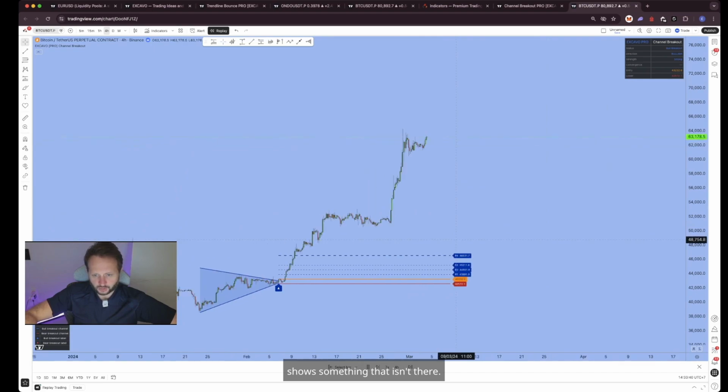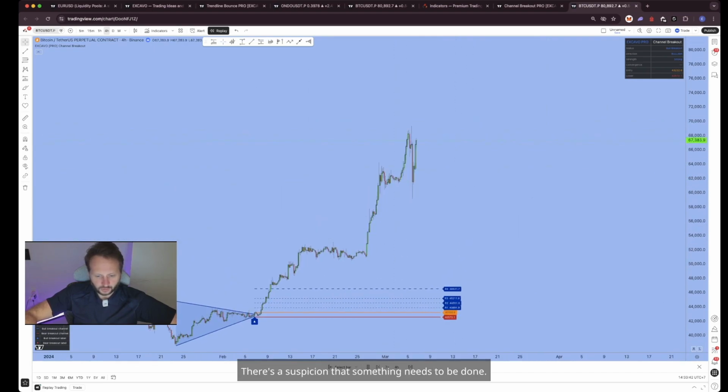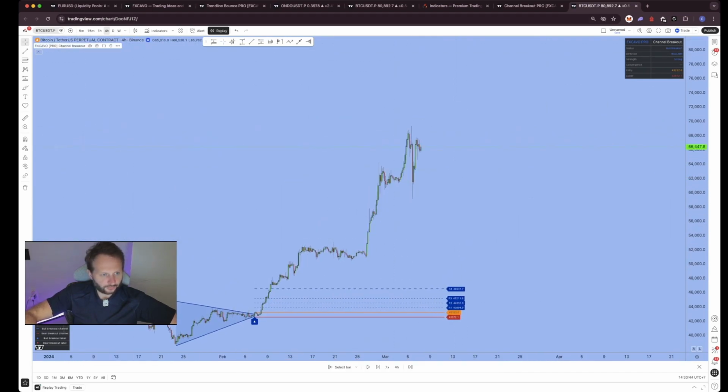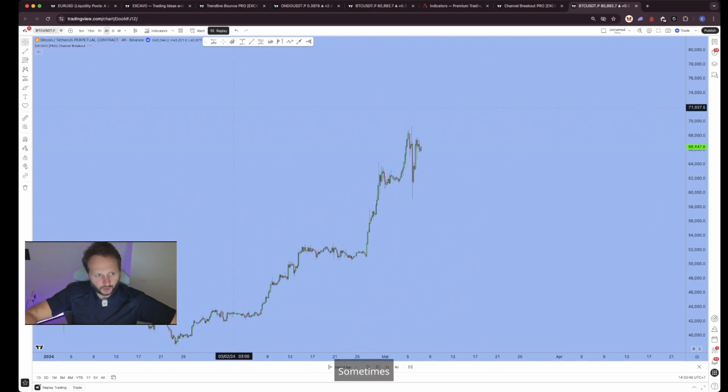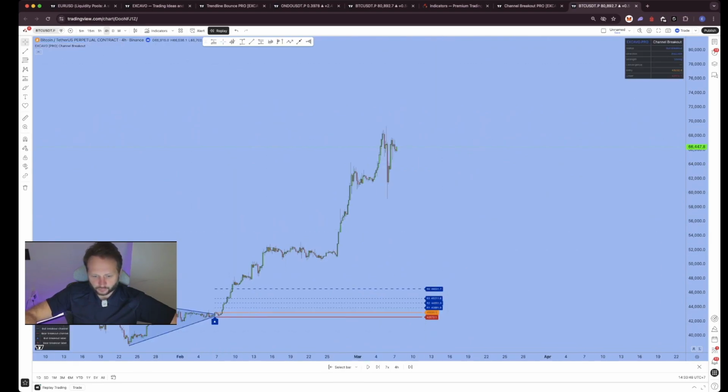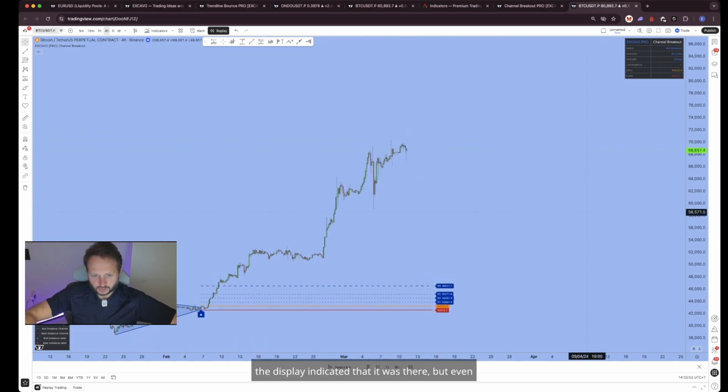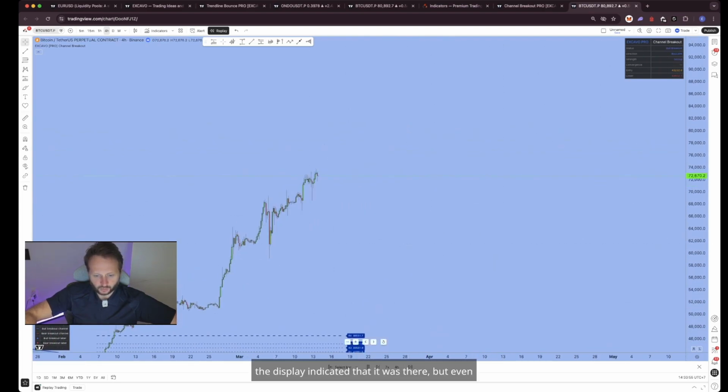It shows something that isn't there. There's a suspicion that something needs to be done. Sometimes the display indicated that it was there, but even though it showed it, there was nothing there.